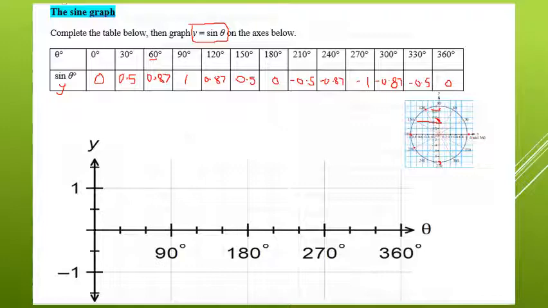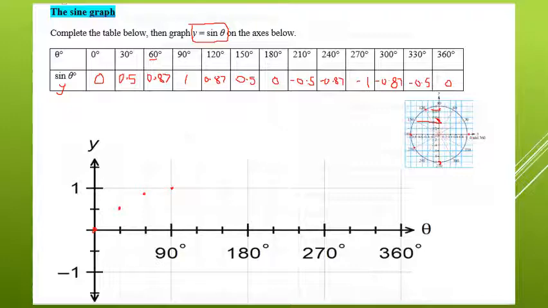When theta is 0, y is 0, so plot that point there. When theta is 30 degrees, y is 0.5, which would be this coordinate here. When theta is 60, y is 0.87, so it'd be approximately here. When theta is 90, y is 1, which is this coordinate here.